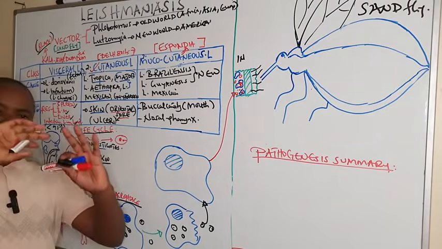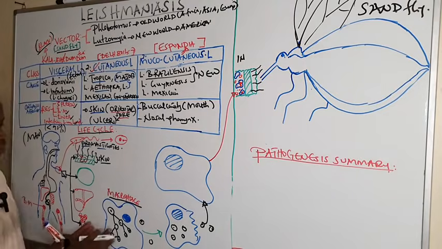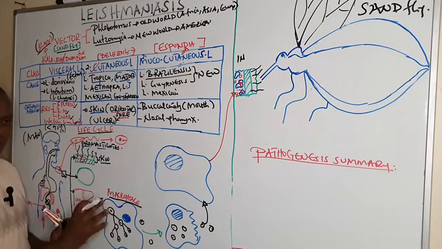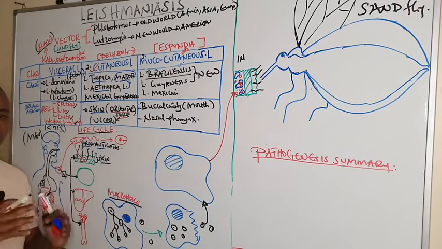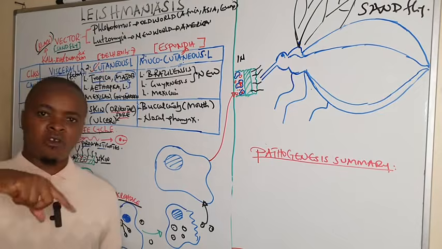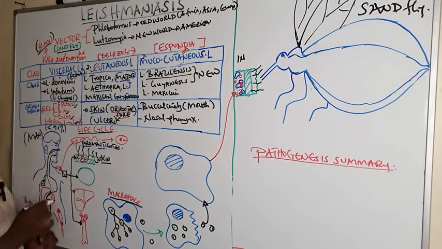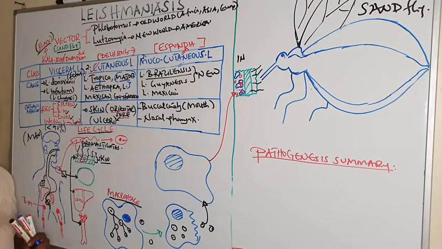When multiple macrophages are affected due to binary fission of the amastigotes, they can swell and rupture and affect new cells, which form a lesion within the skin, leading to formation of skin ulcers and sometimes sores on the skin.